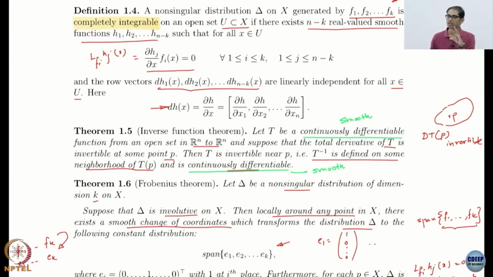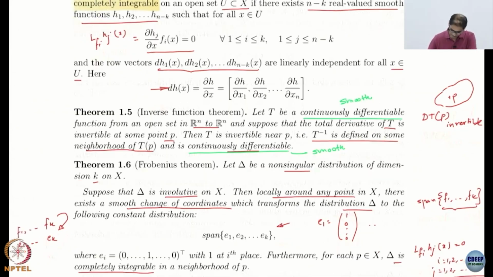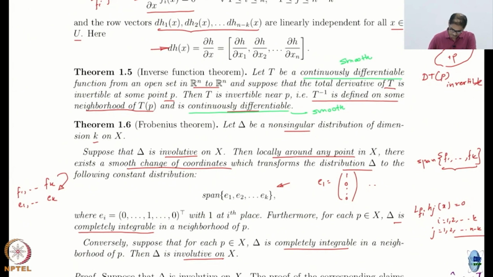It's a state transformation, so the number of states on the left has to be the same as the number of states on the right. How do you check it's a diffeomorphism? Just compute the Jacobian of the map, and if the Jacobian is invertible, you are good to go, it's a diffeomorphism, okay. And these are admissible state transformations, like similarity transformations. Excellent, great. Now we are ready to state the Frobenius theorem, okay.